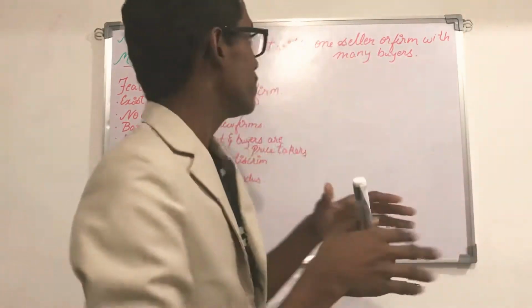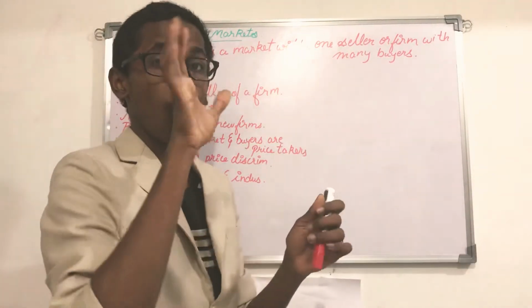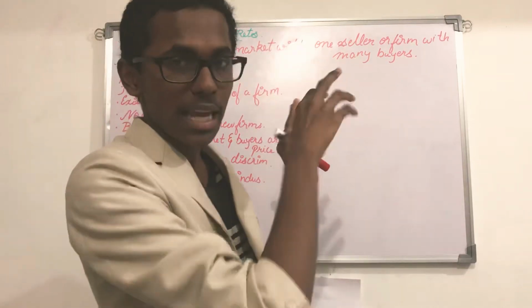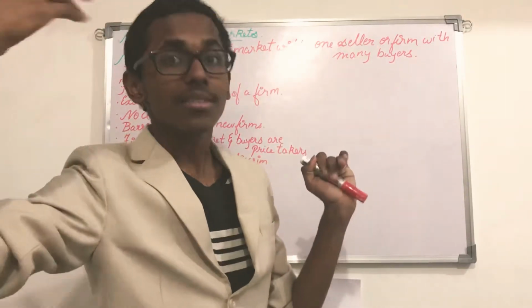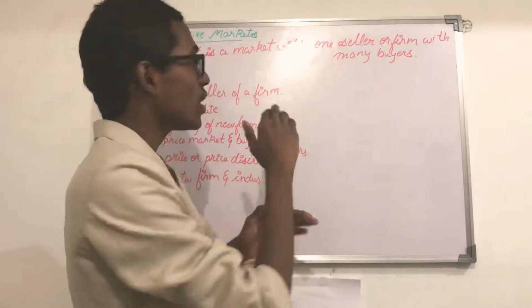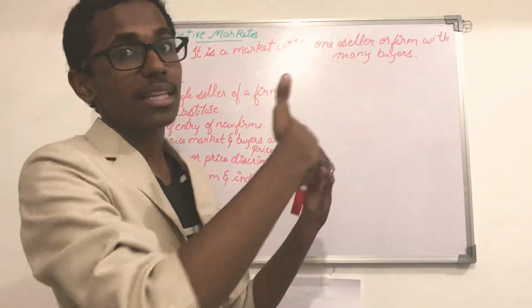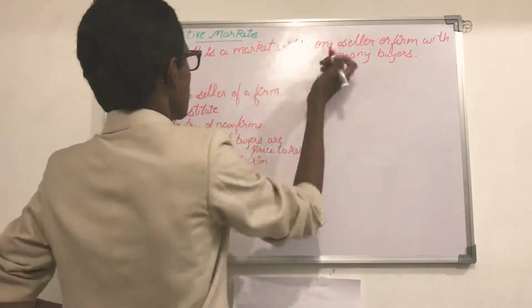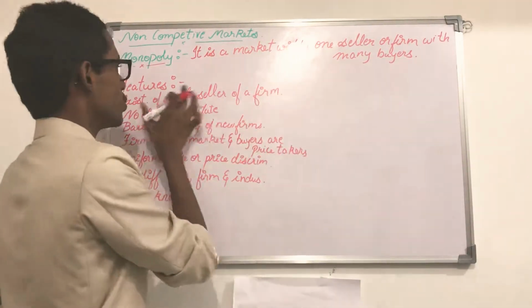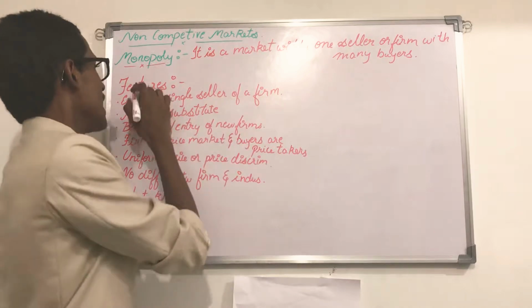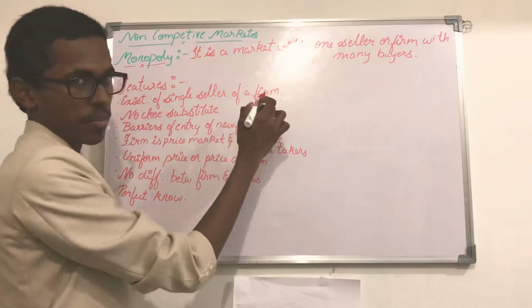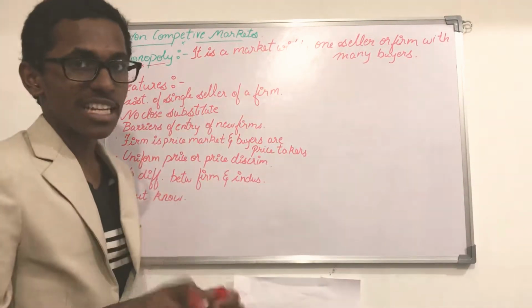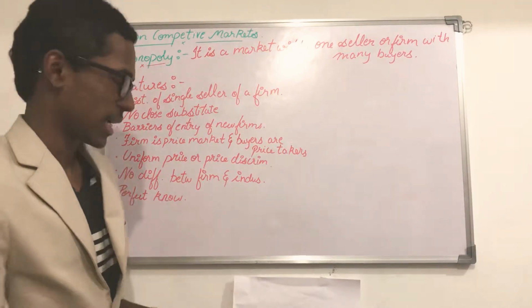In simple terms, it is one firm, only one company, and there are many buyers. There are no other competitive firms present in that particular place. This relates to a feature, the existence of a single seller of a firm. It means there is only a single seller, there are no other sellers in the market.